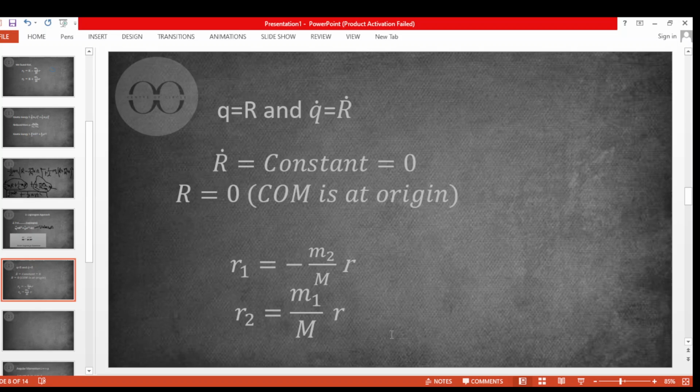We can see something here: the variable q, we took it to be the center of mass R, and q dot is R dot.